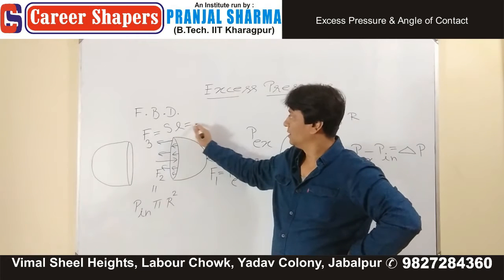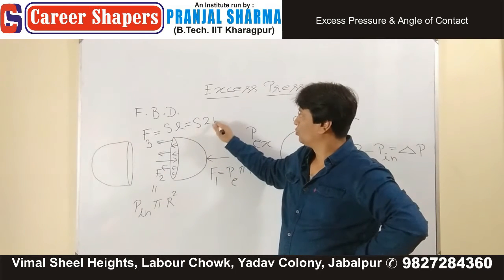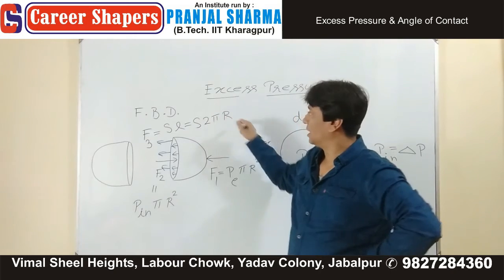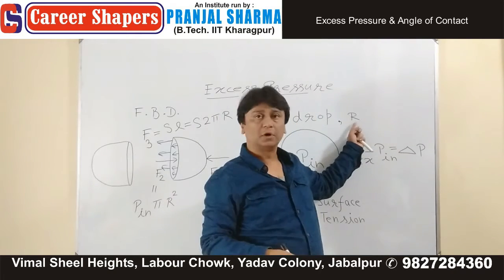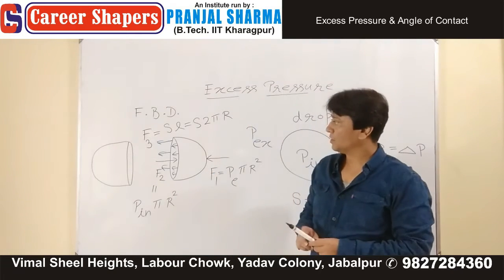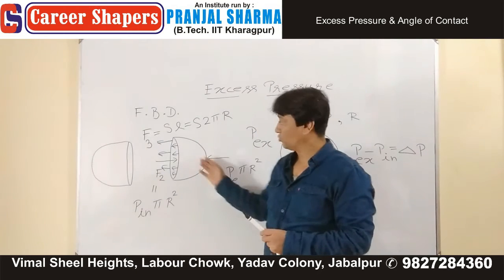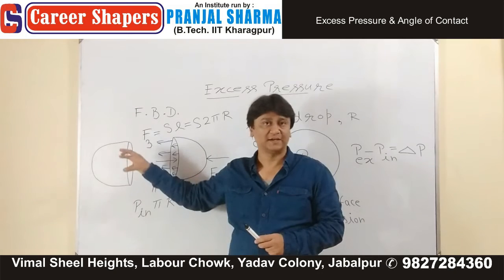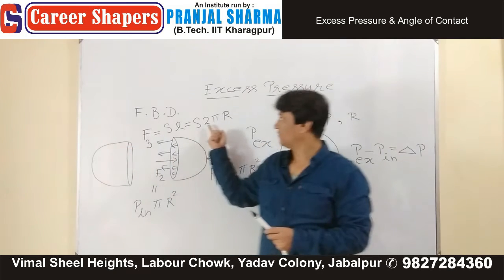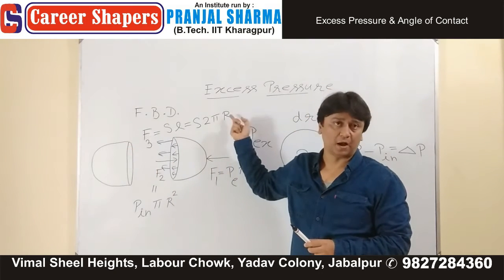What is L? 2 pi r, where r is the radius of the drop. So this half is pulling this half towards itself with a force of S into 2 pi r.